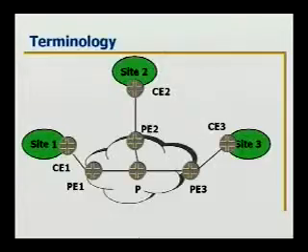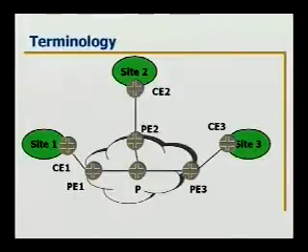So let's take a look at the terminology for this model. We have 3 customer sites, and on each customer side there is a customer edge router which connects to a router on the provider side. The customer edge router is called the CE router, and the router on the provider edge is called the PE router. All the other routers in the provider's network are called the P routers.